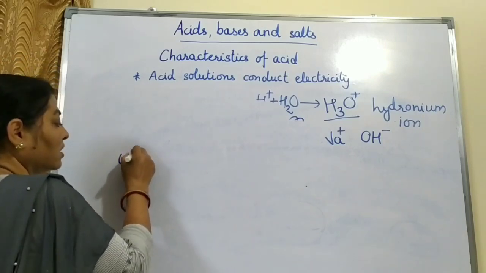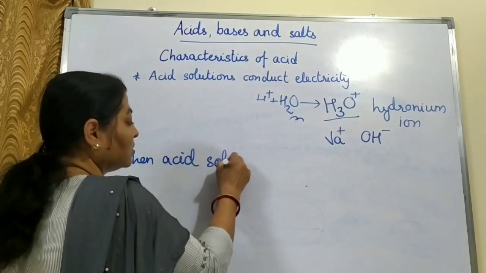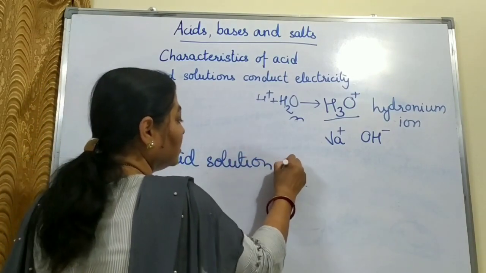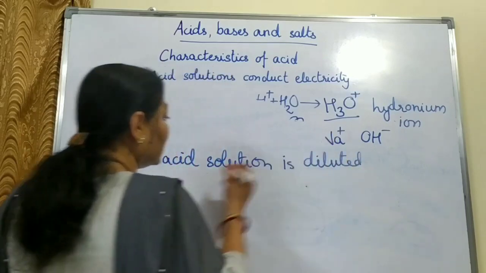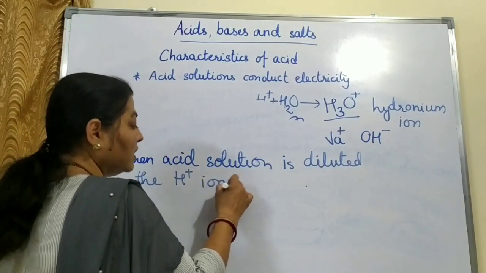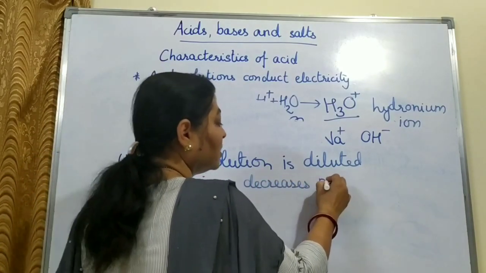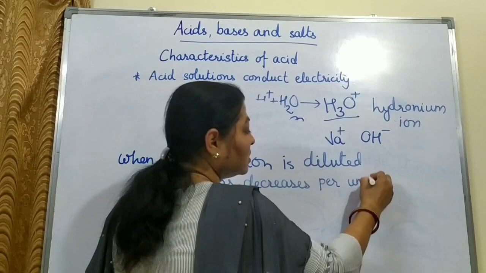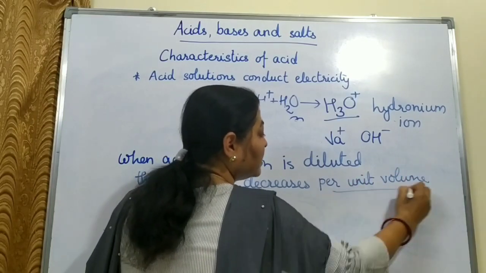When an acid solution is diluted, the H plus ions decrease per unit volume. What does it mean?